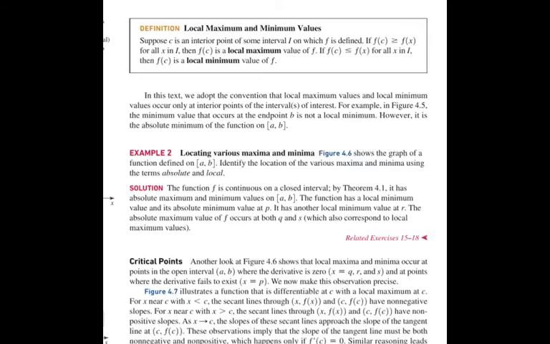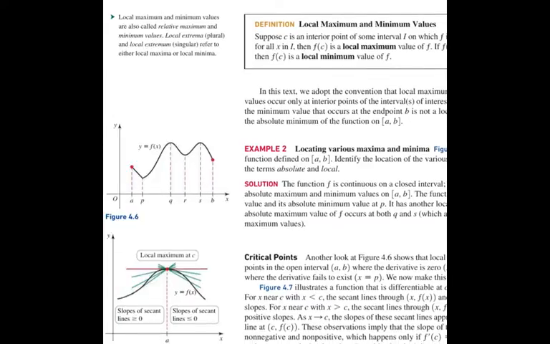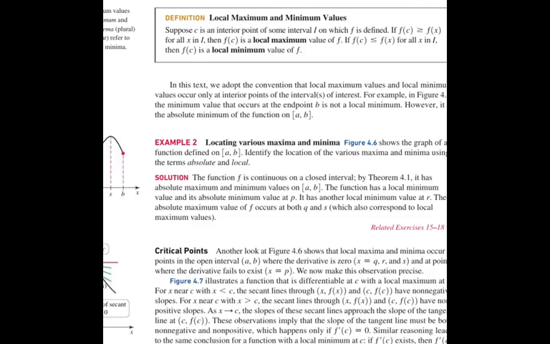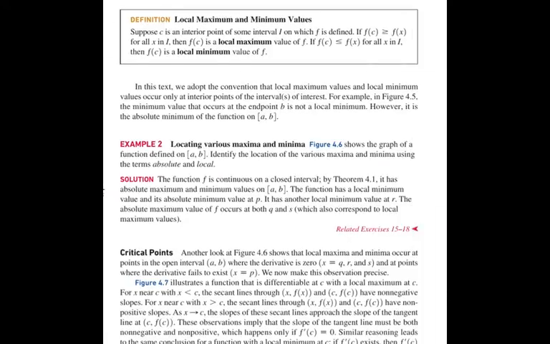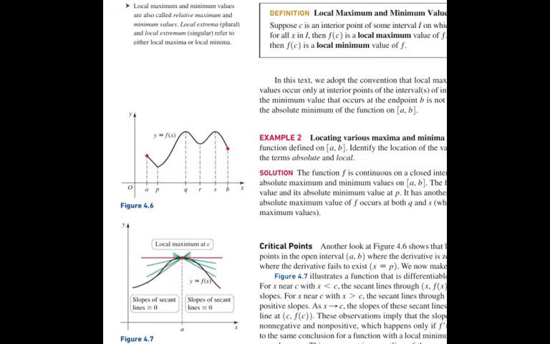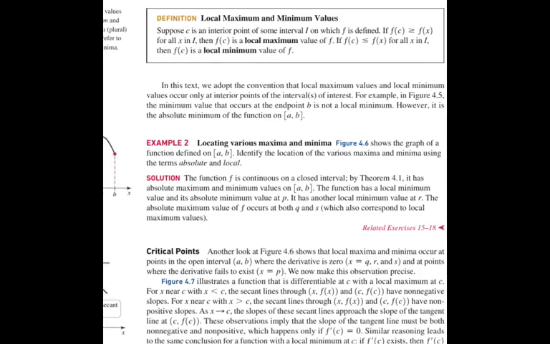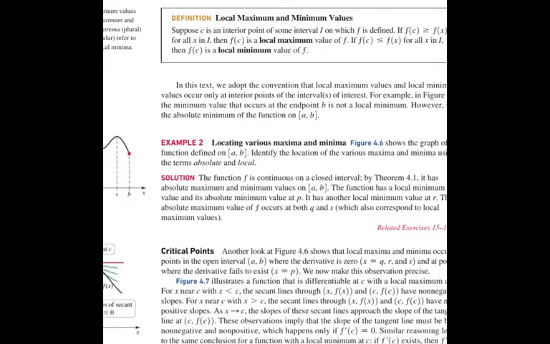The function has a local minimum value and its absolute minimum value at p. So local min and the absolute min at p. It has another local minimum value at r. Oh, yeah, that's another local minimum. It's not the absolute min, but it's a local min at r. I forgot about that one. The absolute max occurs both at q and s, which correspond to the local maximum values.